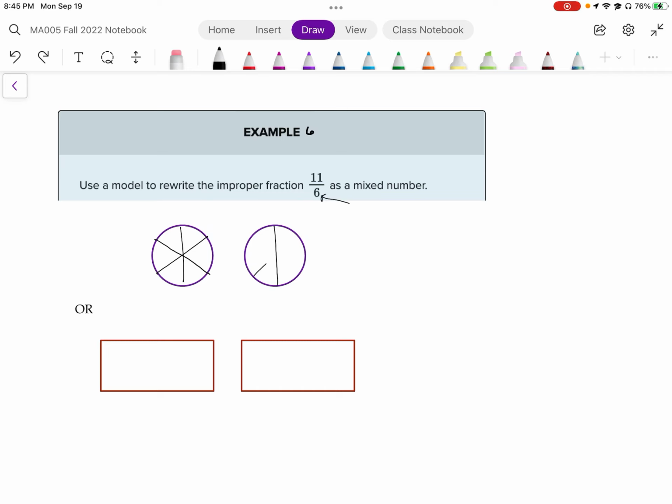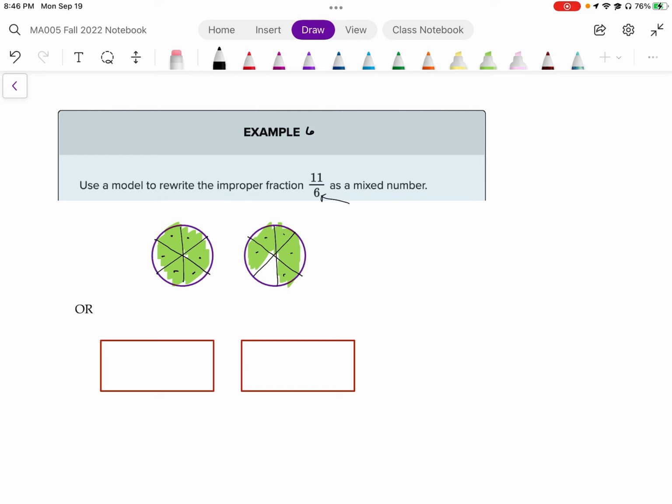All right, so 6 parts, each one. So we're going to have 1, 2, 3, 4, 5, 6, 7, 8, 9, 10, 11. That's what's going to be shaded in. So we're going to shade this whole thing in and shade all of these in that we just counted. Okay. That's 11/6.